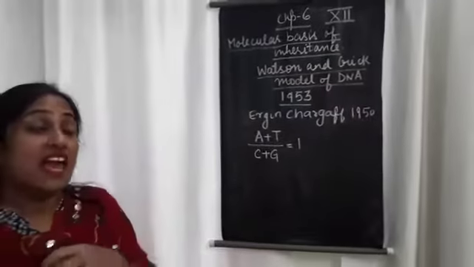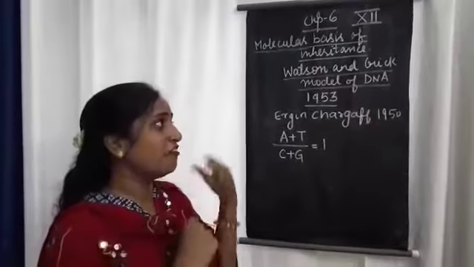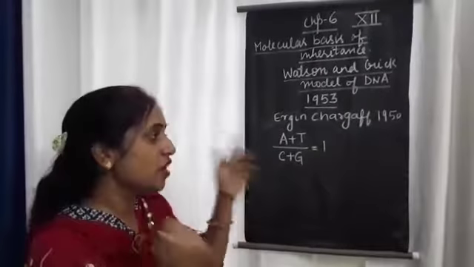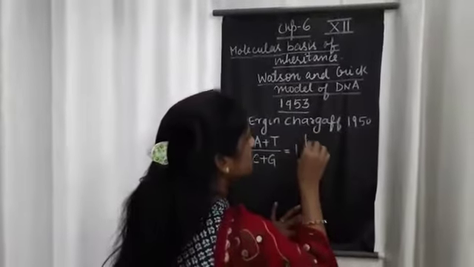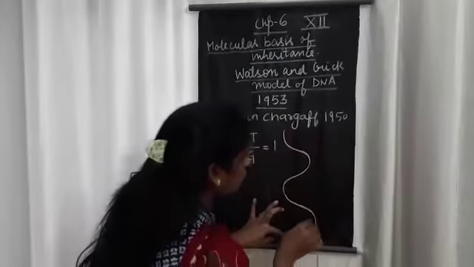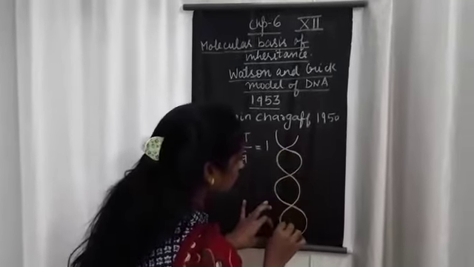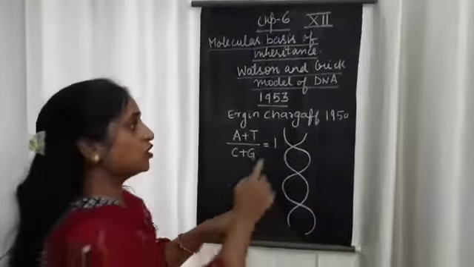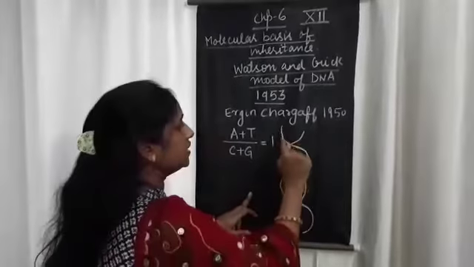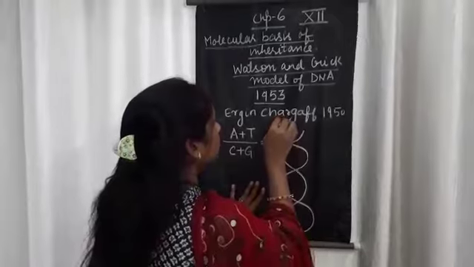They took help from Maurice Wilkins and Rosalind Franklin, who produced the X-ray diffraction which revealed this structure, and this structure is known as the double helix model. In this we have two DNA strands that are anti-parallel. What does this mean?